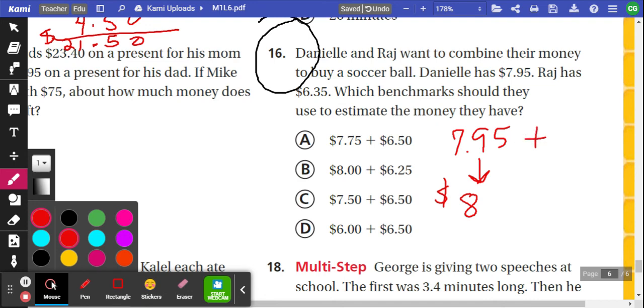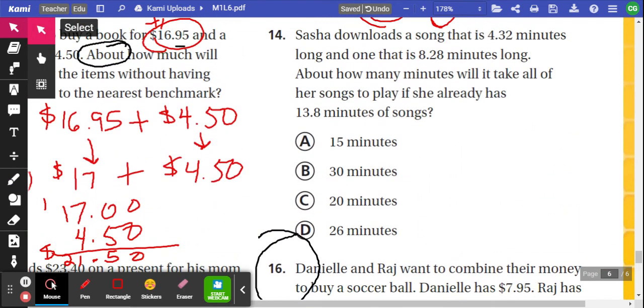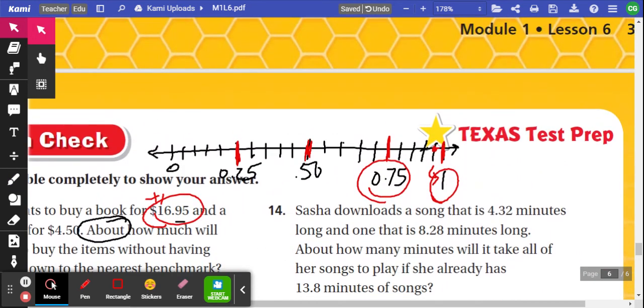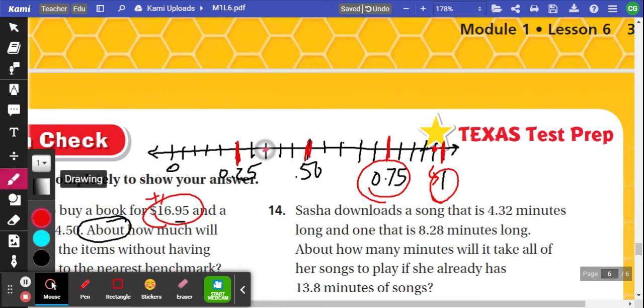And then Raji, I believe, is $6.35. I'm going to go ahead and move over to my benchmark. The 35, that's 25, 30, 35, would be right here, and I can see it's going to be closest to the 25.